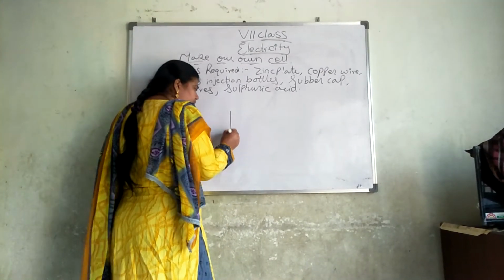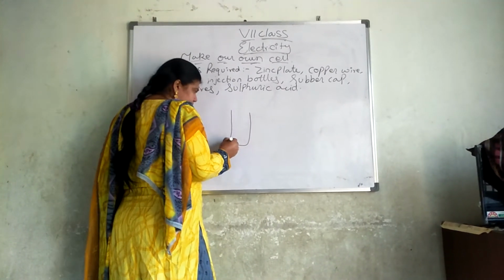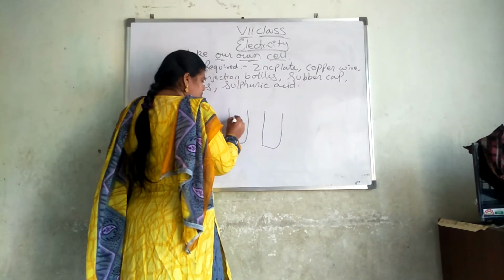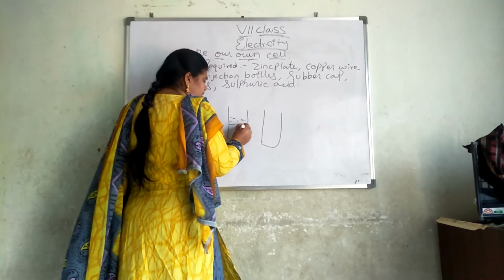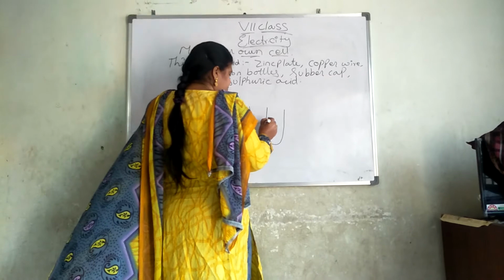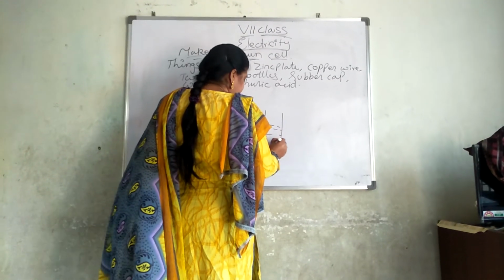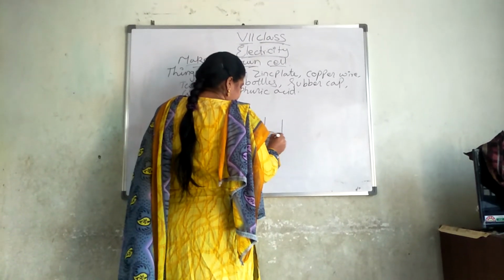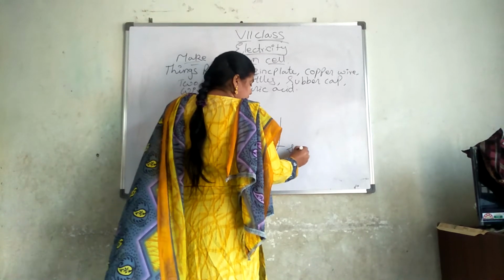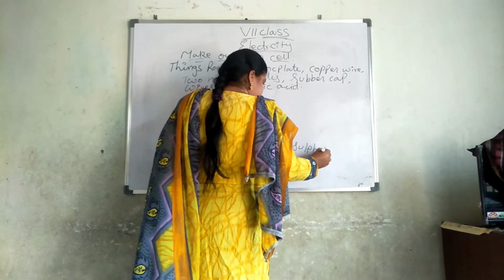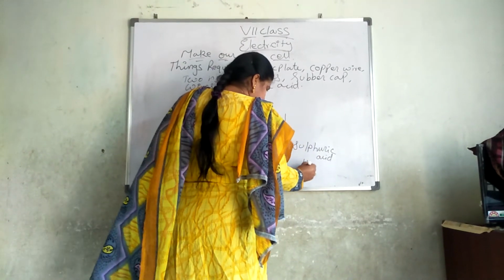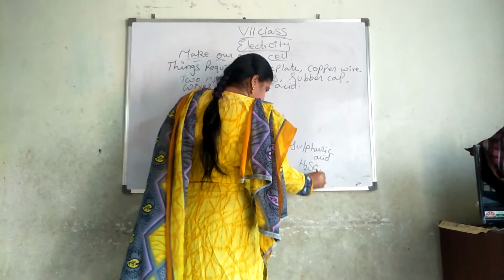Take two injection bottles. Fill these two injection bottles with sulfuric acid. With what did we fill? Sulfuric acid. The formula for this one is H2SO4.